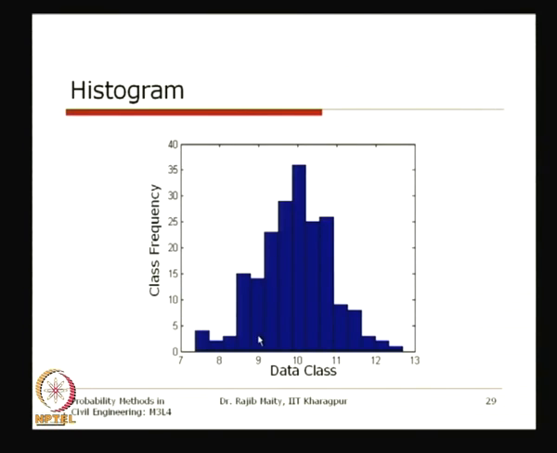Here is one example of a histogram, where the height of each rectangle is proportional to its probability. Basically, the frequency in each particular class is shown by these numbers on this axis, so the heights of these rectangles are represented by this histogram.